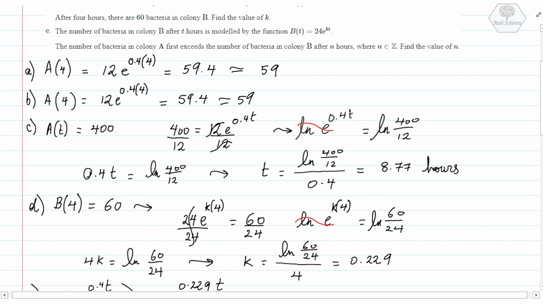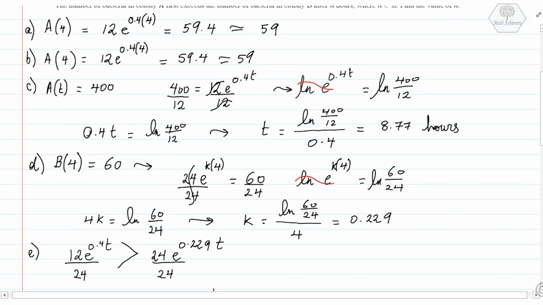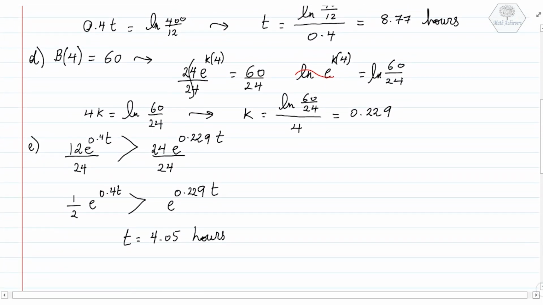Since we have an intersection at 4.05, after 4.05 hours colony A exceeds, so I can take it as t equal to 5 hours, when the number of colony A bacteria exceeds the number of colony B bacteria. I hope it was useful. This is a very good question, and the skills used in our graphical display calculator are essential to solve such types of questions.